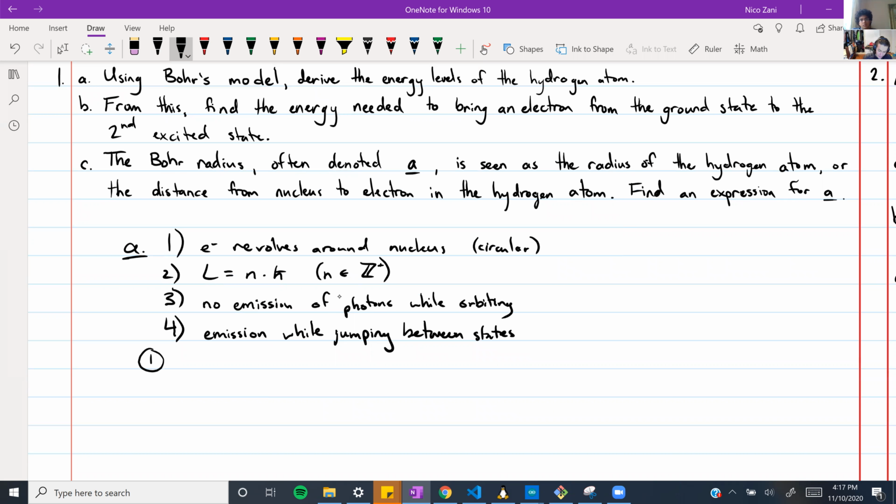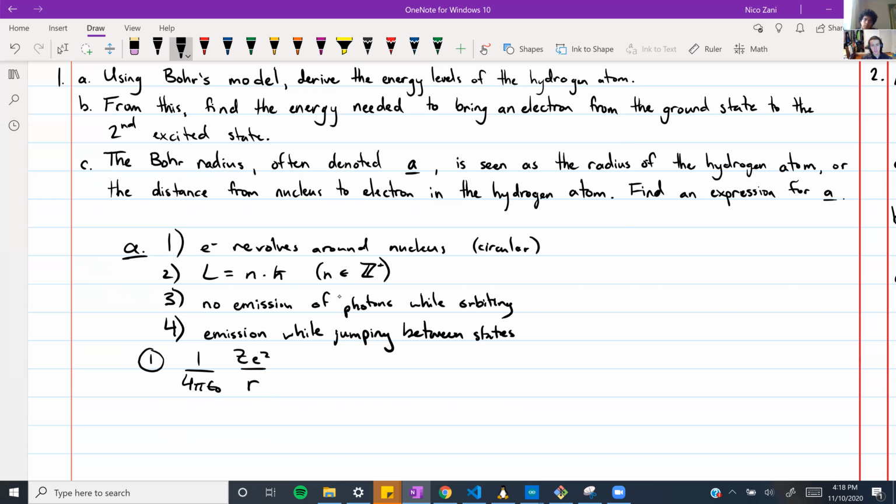All right, well, we know the force, the centripetal force that the electron feels while orbiting around the nucleus, is given by this equation, right? Just the Coulomb force. And in this case, no, this is actually the potential. Sorry, my bad. The potential is given by this.